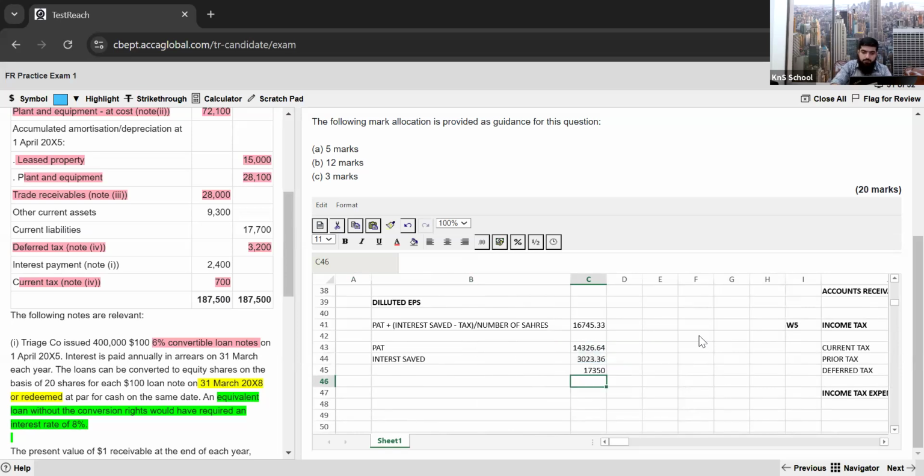But now we have to tax. And remember, we are not going to tax the whole profit, only the interest amount. So 3023 times 20%, and I'll take it with the minus sign because I want to deduct that tax expense. So the net amount of profit is the same, 16745. So you can definitely split your working into different steps.